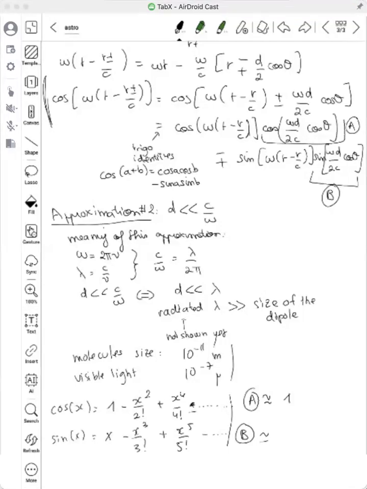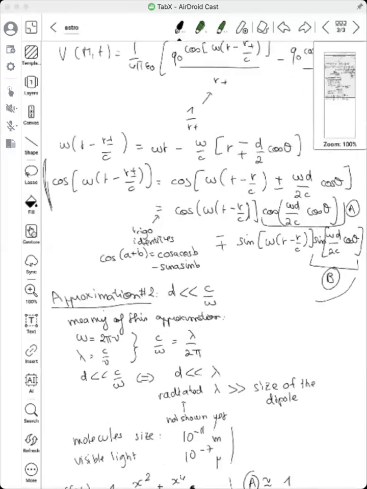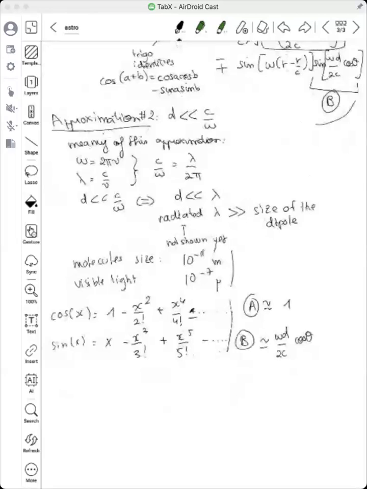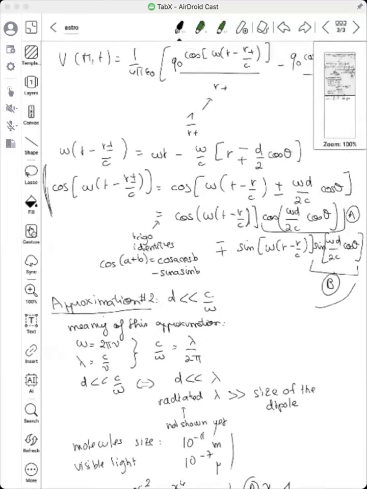X. Right, but in our case, it's omega D over 2C cosinus theta, right? You agree? It's this B, right? I'm talking about A and B in this expression.